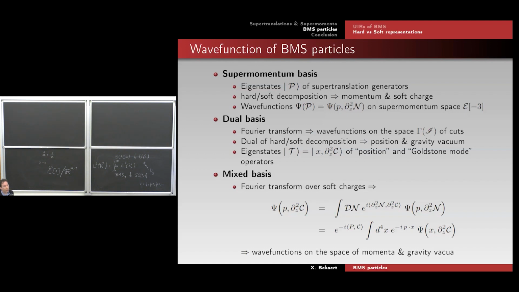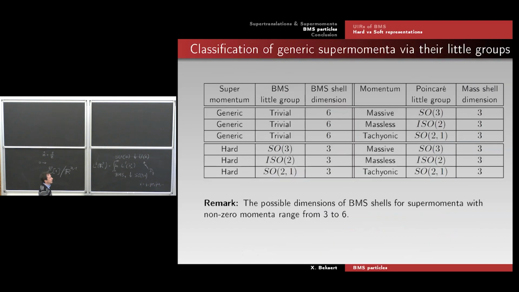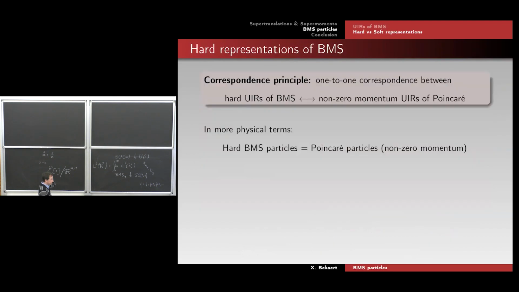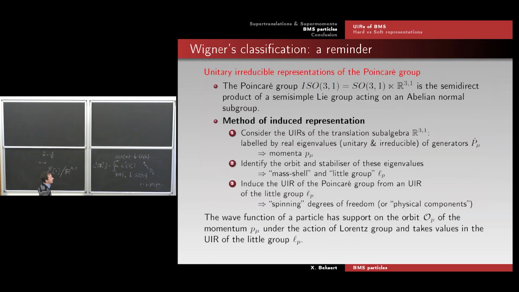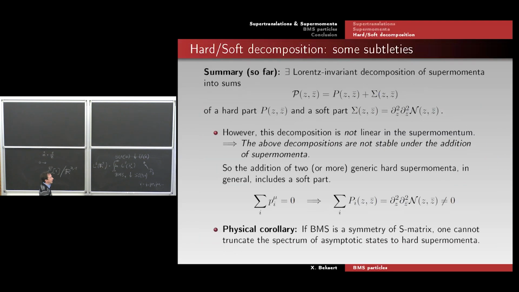If you have just soft... Only hard momenta. Oh, yeah, sure. Okay. That's the problem, and that's why... It depends what you mean, but at least this is what we wanted to insist: that the sum is not possible. You cannot do it.